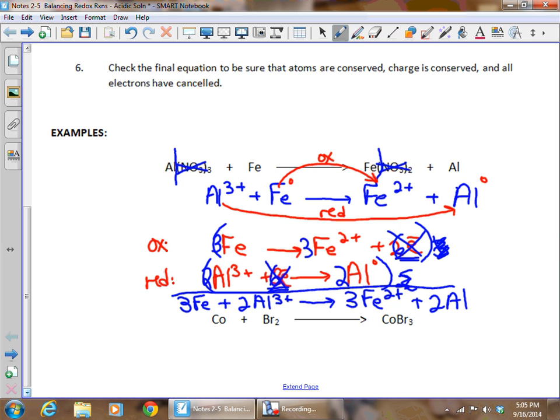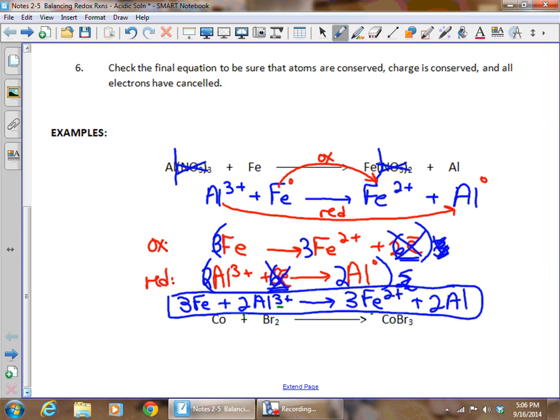If you look right here, we have 2 aluminum 3+'s. That's going to give us 6 positive charges on the left, and 3 iron 2+'s, which is going to end up with 6 positive charges on the right. So this is balanced by both mass and charge now, and that's going to be our overall balanced equation.